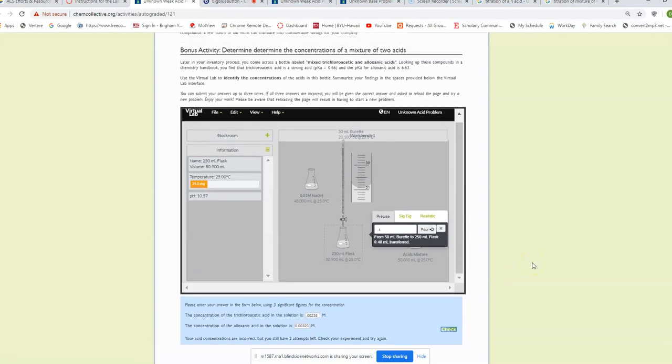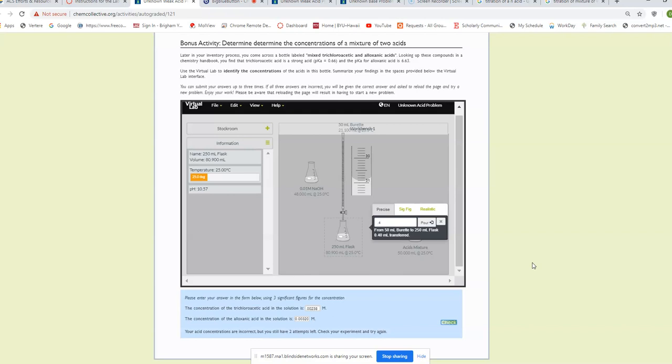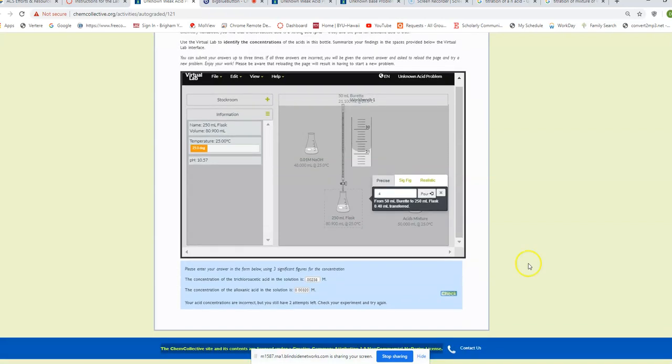Trichloroacetic acid is a strong acid, and the pKa for alloxonic acid is a weak acid. So I'm just going to check it 2 more times and see how far I'm off by. Okay? Maybe they're expecting it to be a little bit higher.